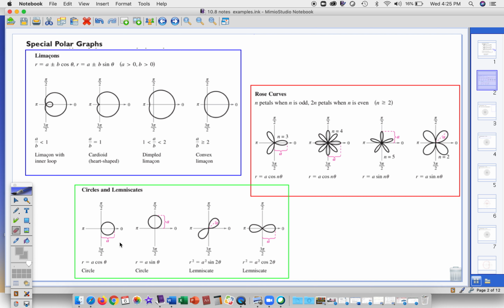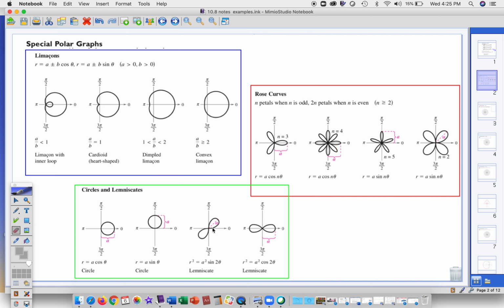Circles and lemniscates. Here we have our circles, a cosine theta or a sine theta. And again, you'll see that symmetry either over the polar axis or the line theta equals pi over 2. The lemniscate has the form r squared equals a squared sine 2 theta.